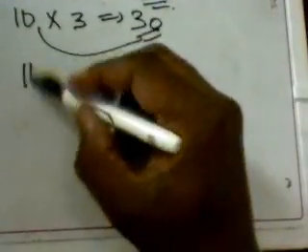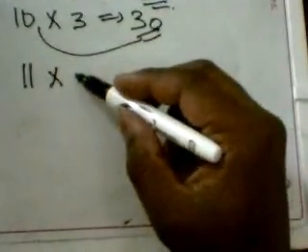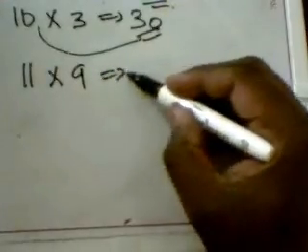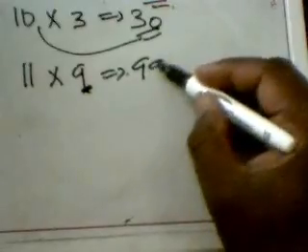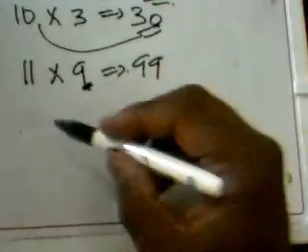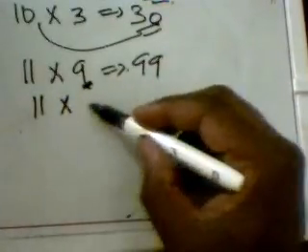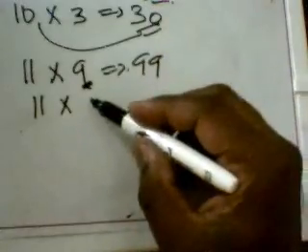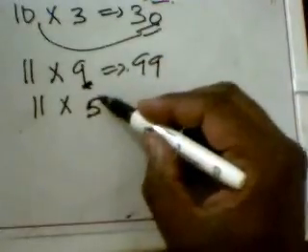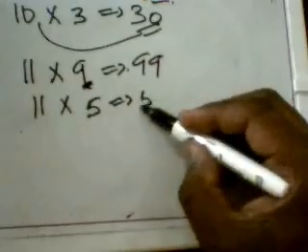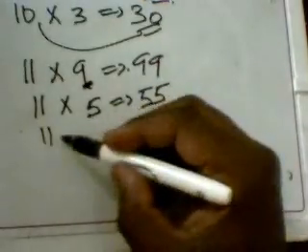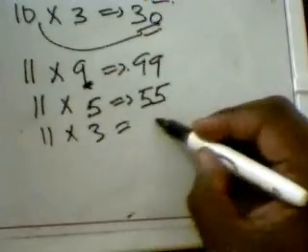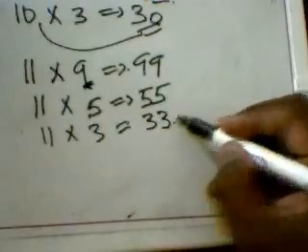Now 11 times 9 equals the double digit of 9, which is 99. If it's 11 times, I don't know, 5, it will be 55. 11 times 3, it will give 33.